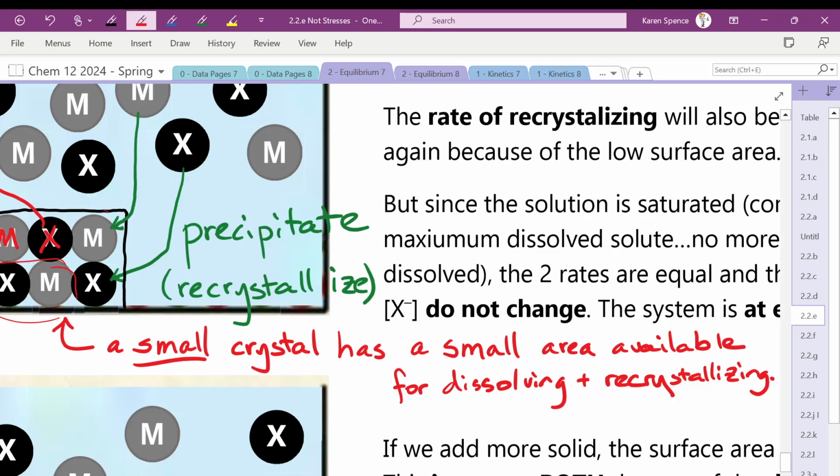So I might be able to get more than one particle to go into solution and out of solution, but not much more. Okay.